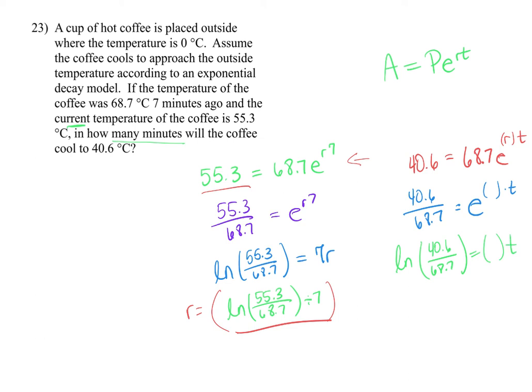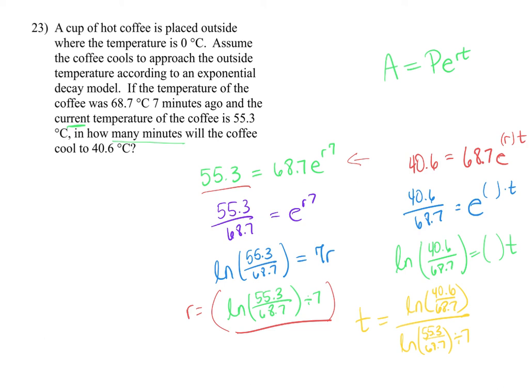So my time is going to end up being this natural log divided by this guy. You're going to get something larger if you do it this way, and you're going to have to subtract that 7. So just keep that in mind when you do this.